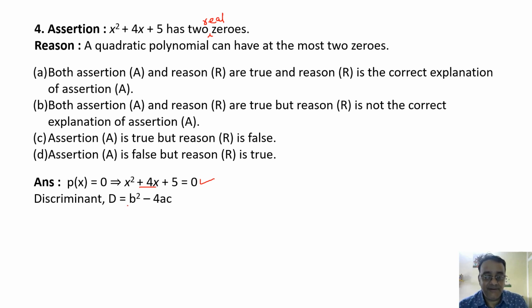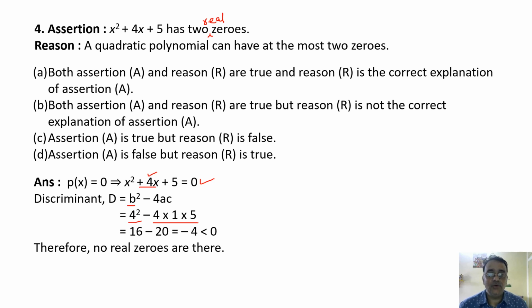So we'll substitute the value of b is 4, so 4 square minus 4 into 1 into 5. See, 16 minus 20. So what are we getting? Minus 4. Very good. Minus 4 is less than 0, that means it has no real zeros.